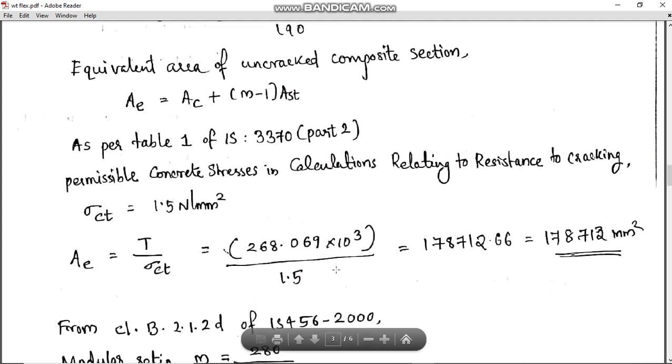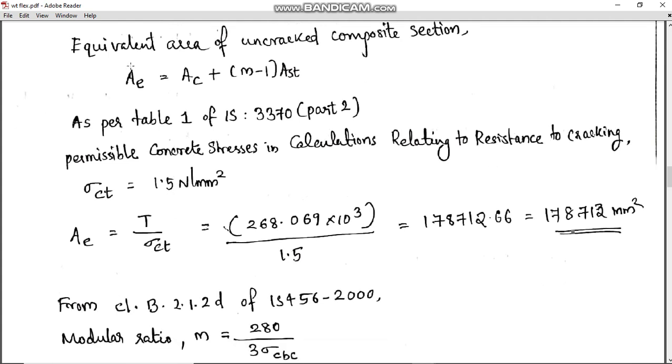This value is given in the code as per table 1. So substituting the values, we will get equivalent area of composite section as this value. Okay, so after getting this value, we can find out the thickness of the section.